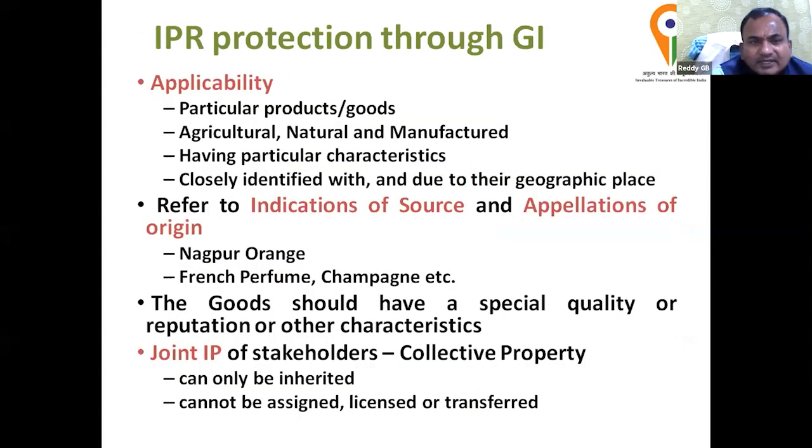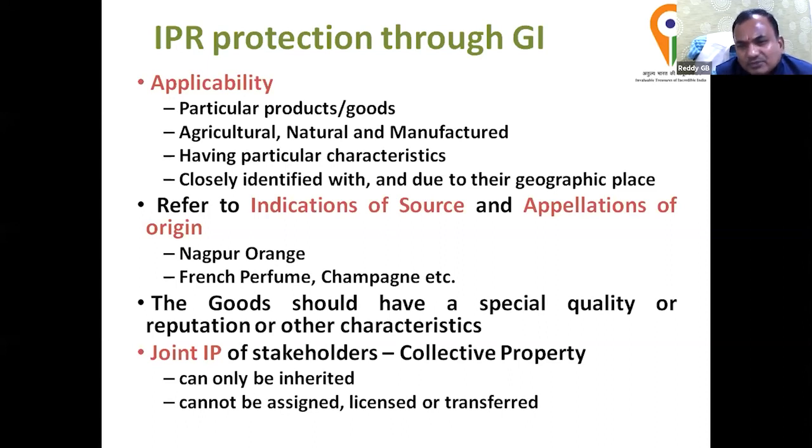Well, when we are talking about the IPR protection to various kinds of goods, especially the protection which is given to geographical indications, what we need to understand is that we are talking about certain unique characteristics which are reflected in the goods.